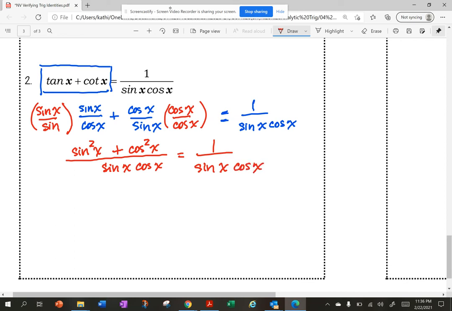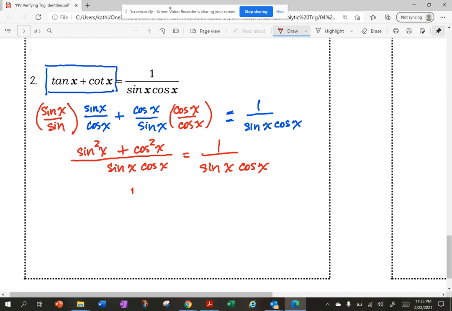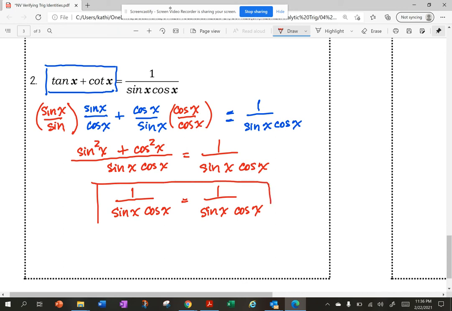And now I can substitute with the Pythagorean identity that sine squared plus cosine squared is 1. So I'm left with 1 over sine of x, cosine of x. And I didn't do anything with the right side, so 1 over sine of x, cosine of x. And when I have my left-hand side equal my right-hand side, I put a check mark to show that it has been verified.